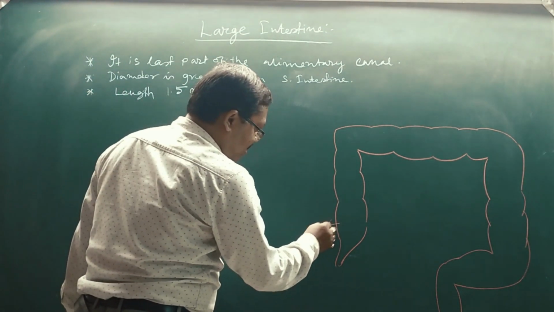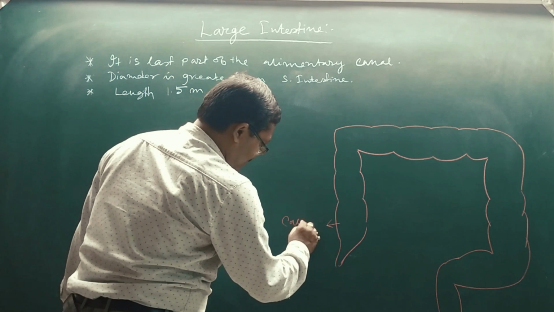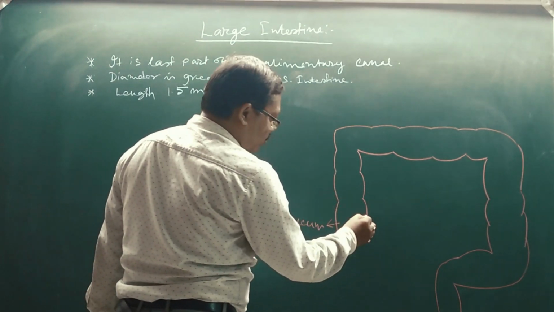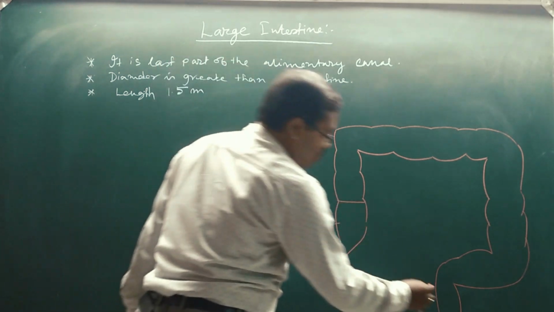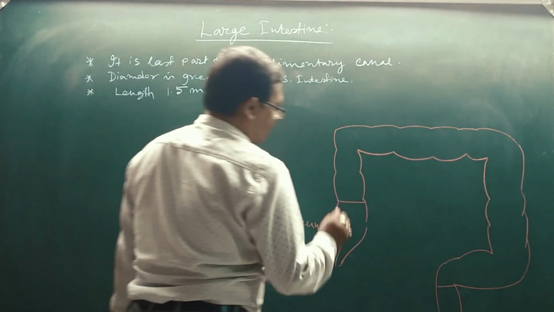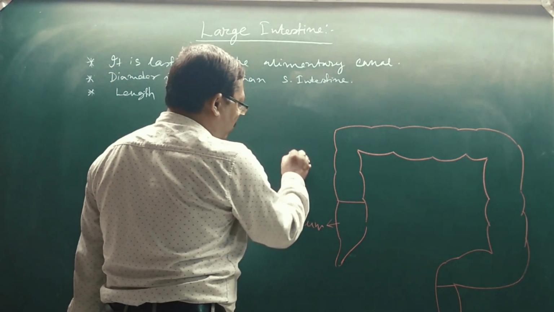The first part is called the cecum. The second part, from this portion to this part, is called the ascending colon.